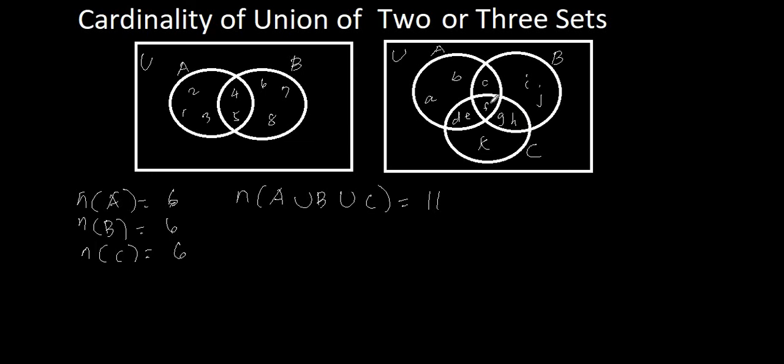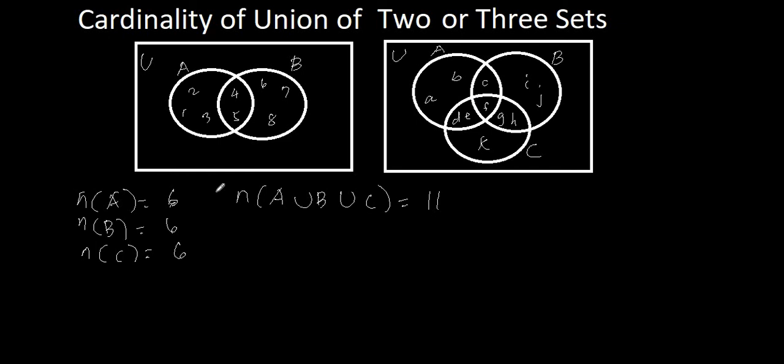But observe that when you subtract the three counts of the intersections of A intersection B, A intersection C, and B intersection C, now the cardinality of this region here, A intersection B intersection C, will become zero or will be eliminated. So therefore, you need to add this again so that you could result to accurate cardinality of the union.